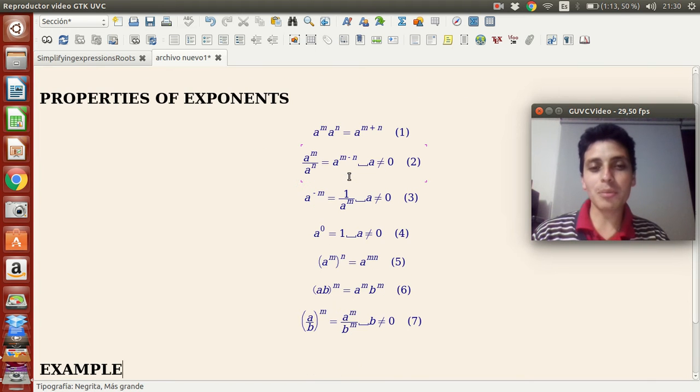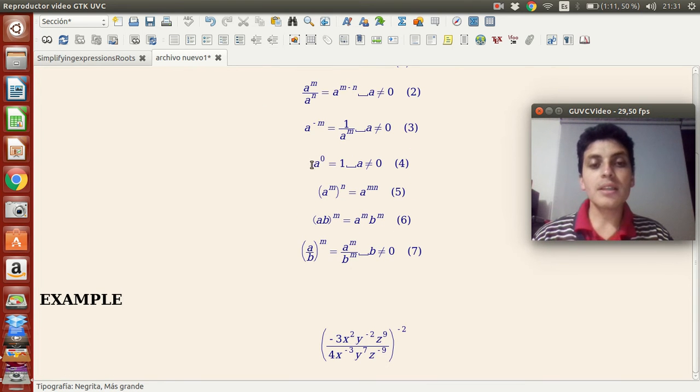So let me show you the properties of exponents. Properties of exponents are very easy to understand, but that is not part of this video. For example, same base and a multiplication, you have to add the exponents. Same base, but in a division, you have to subtract exponents. A negative exponent is the same as 1 divided by the base to the positive exponent. The zero exponent is 1.